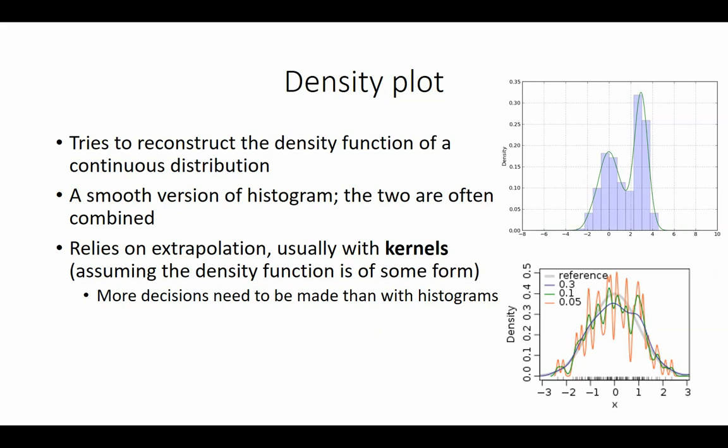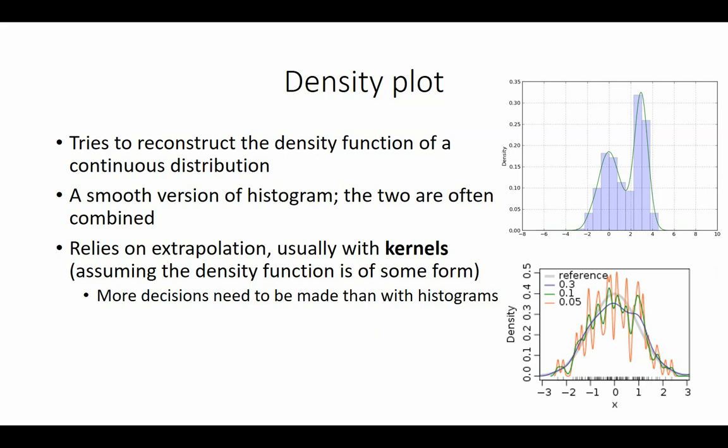So it looks nicer to the eye, and especially if you want to look at many different distributions and compare them, it can be much nicer to look at density plots, because if you try to put, say, 5 different histograms on top of one another, you won't be able to see pretty much anything. They will just override each other.